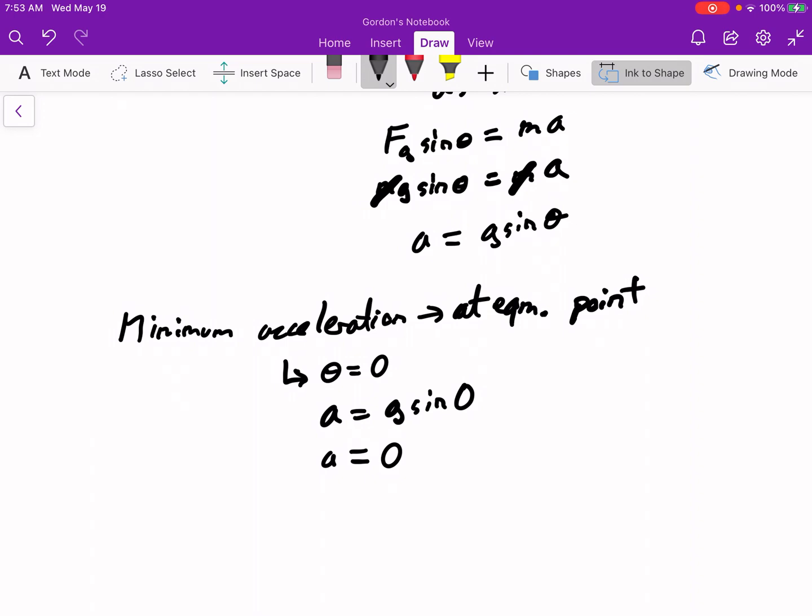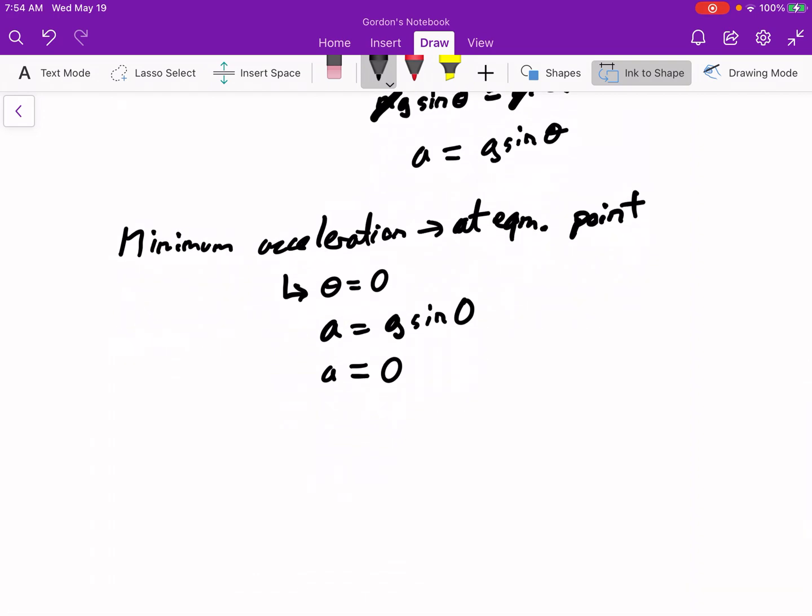So it's the same thing for pendulums and for springs: as the oscillation passes through the equilibrium point, we are at a minimum acceleration. We're all the way down to 0 acceleration. And the reason that it keeps going is just because of momentum, basically. So in the next video, we're going to talk about how we calculate the velocity at various points along the path.